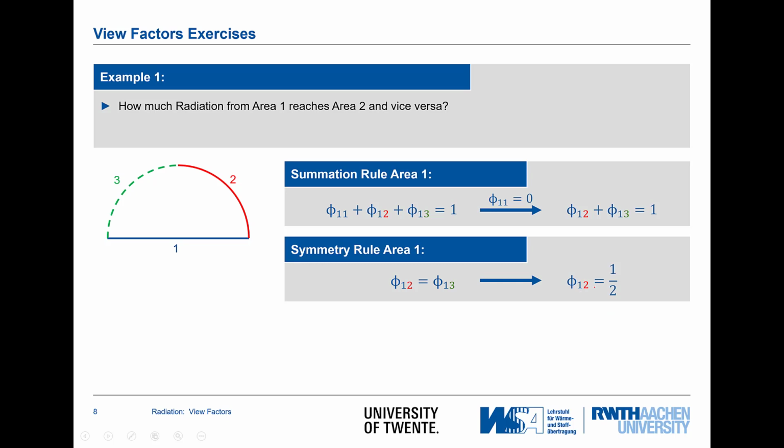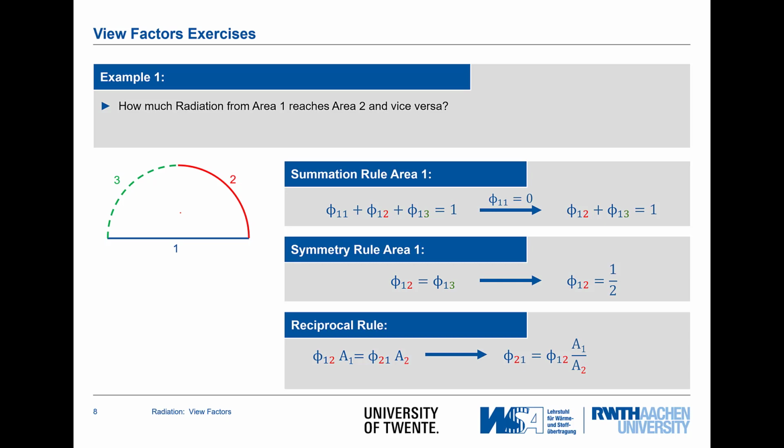So phi 1,2 is 1/2, because all of the radiation that's sent from 1 into this direction here goes either to 2 or to 3. The reciprocal rule also holds, and with that we can calculate phi 2 to 1, because we just calculated phi 1,2, can put that in, and then we calculate the areas.